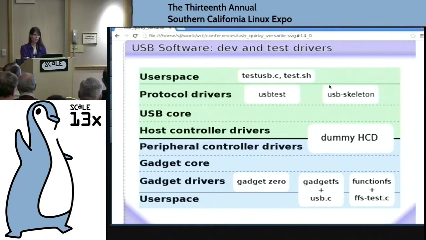All it does is a couple of bulk endpoints that you can access from userspace. There's not really a lot of point for a production system. It's more for learning how to do one of your own drivers that would do something more interesting.